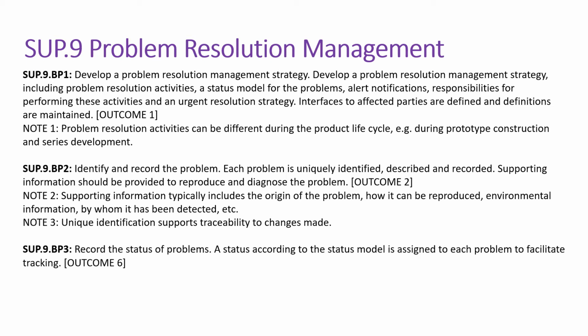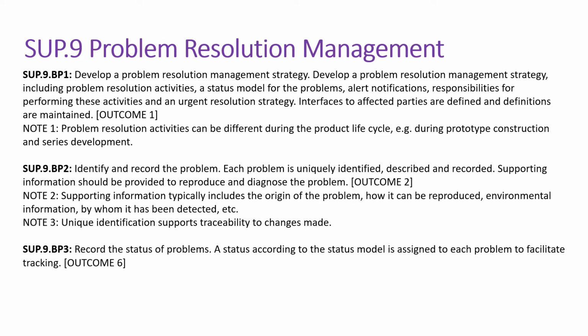Base practice 2 talks about identifying and recording the problem. It talks about the description of the problem, and each problem is uniquely identified. That means you have to get a unique identification number for your problem and record it as part of your tracker, issue list, or whatever the document is. Supporting information should be provided to reproduce and diagnose the problem.